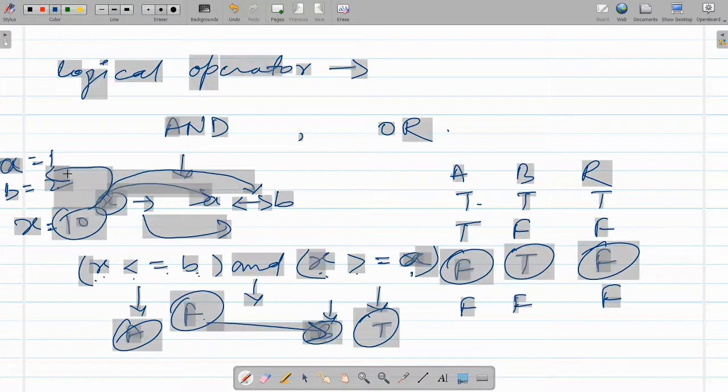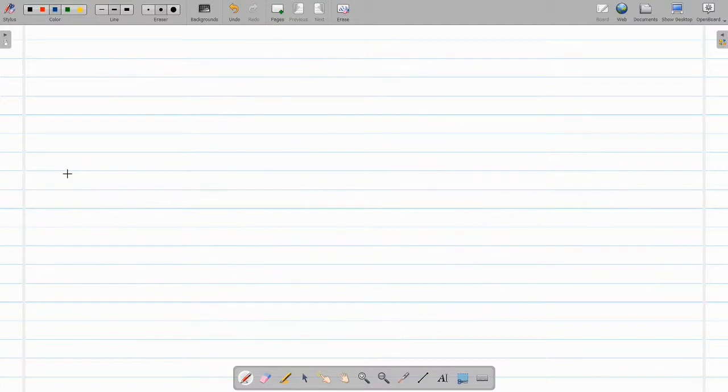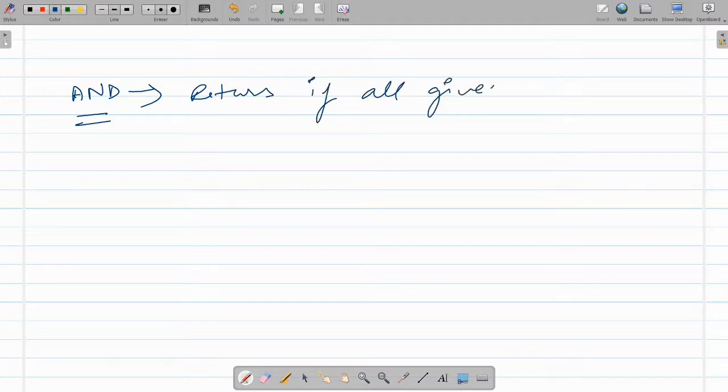So the AND operator is used to join two relational expressions, and it returns true if all the given conditions are true.